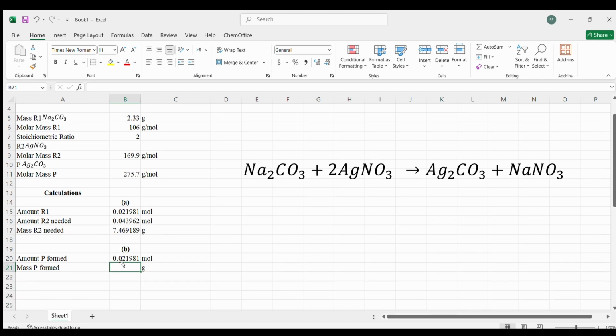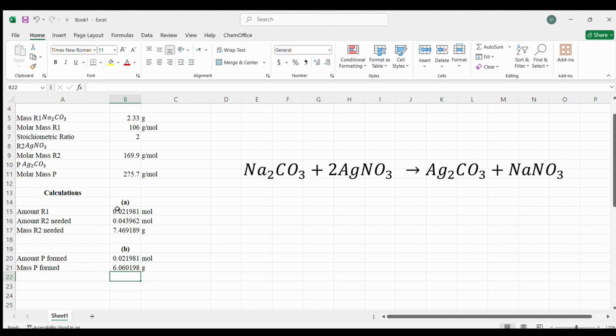Now we need to find the mass of this species, okay? So we can say that this block equals the moles of the product times the molar mass of the product, which we're looking for. And we hit enter.